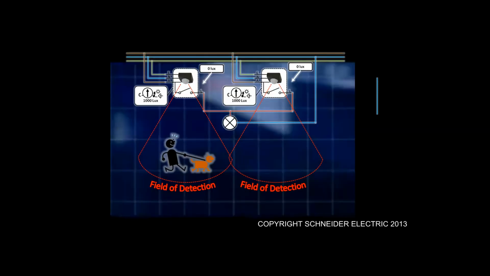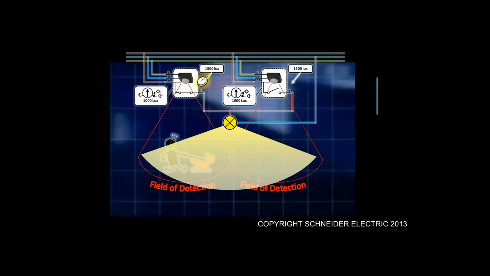If I move into one of those areas, what you'd expect to happen is, because there's not enough light, and in this particular scenario both sensors are set to 1000 lux, because there is insufficient light and the sensor has detected movement, it turns the light on and starts its own internal timer.